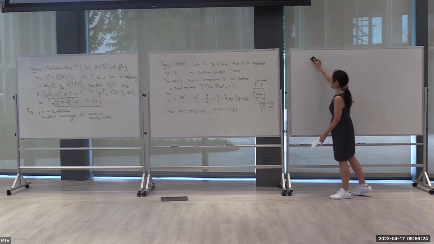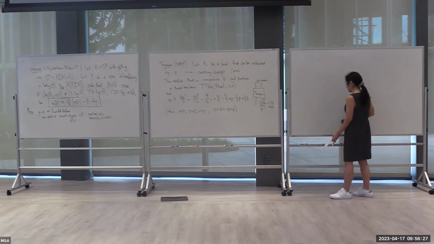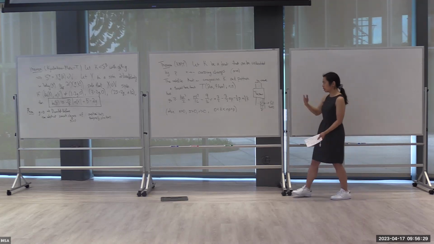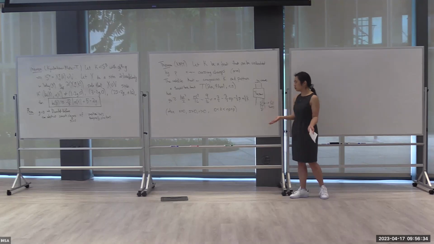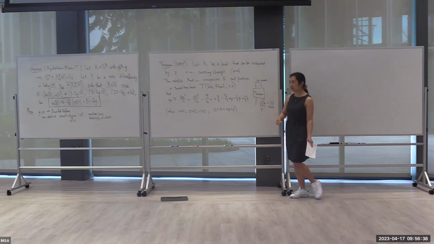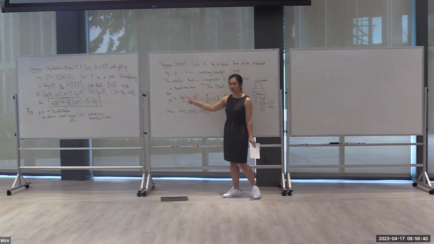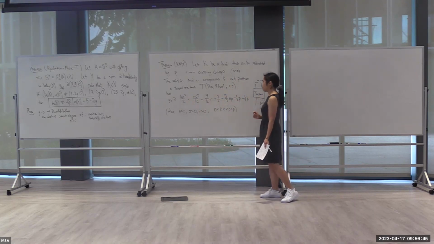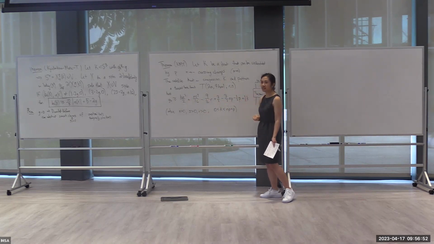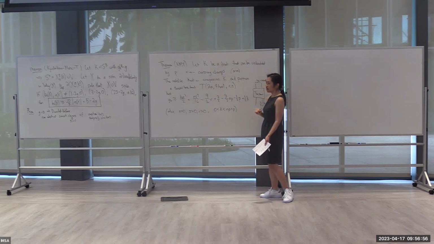If you plug in some numbers to check, for example, with R equals 0, the pattern is a torus knot, and you know what the four-ball genus is, and you would get at least the right order of magnitude for that with the kn squared term here. So it's not sharp even for torus knots, but it's the right order of magnitude.